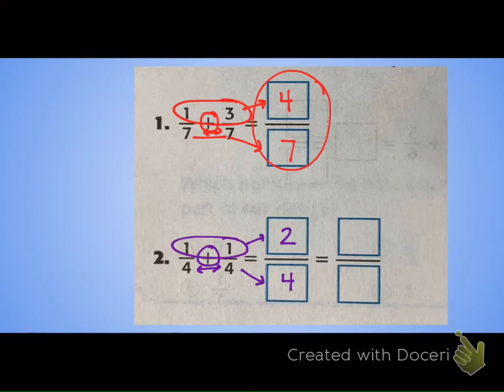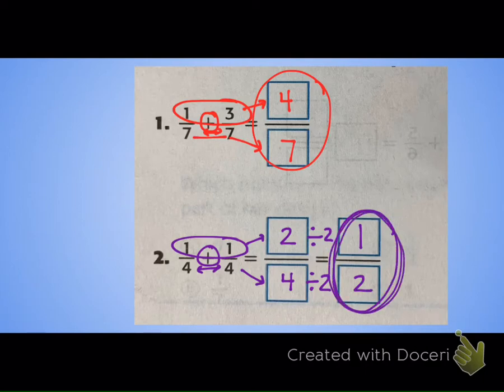Just bring it right on down. I have 2/4. I can simplify 2 and 4. They both have a common factor of 2. So I need to divide both of these by 2. 2 divided by 2 becomes 1. 4 divided by 2 is equal to 2. So our simplified fraction, our correct answer is 1/2.